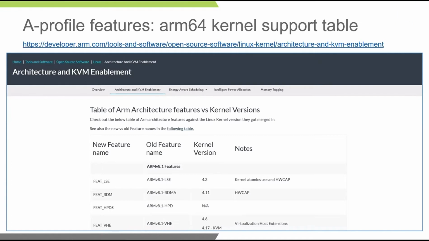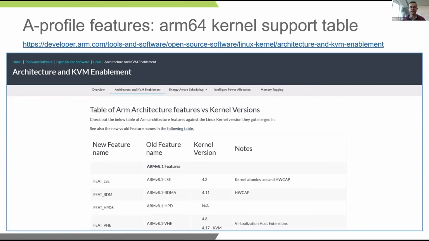Some of them are still marked as TBD or ongoing, and there are notes which explain the development status. We updated this table keeping both the old naming scheme and the new naming scheme. Hopefully this will help with the mapping and clarify in which kernel we included each of the architectural features, from 8.1 down to 8.6 at the moment.